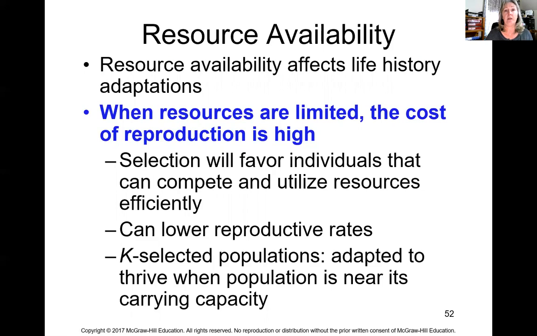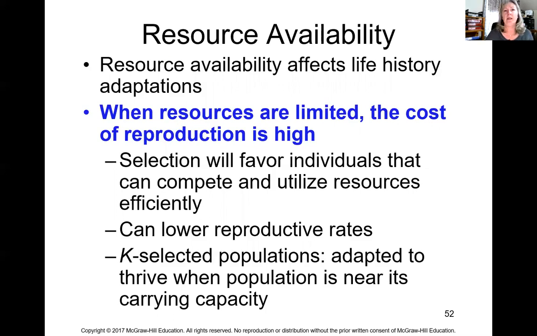The reproduction cost to her is high to care for the offspring. So whenever you have lots of available resources, then you may have lots of variety in the organisms, and the population may increase.